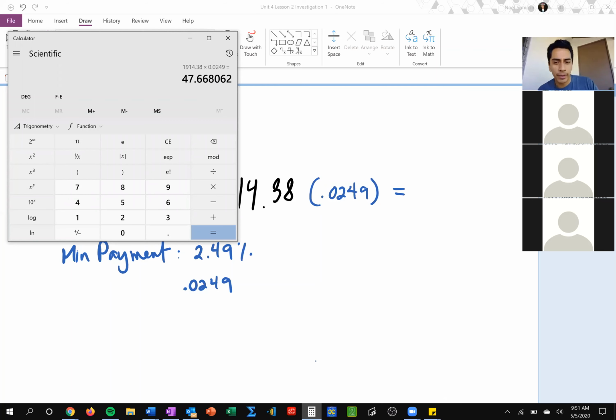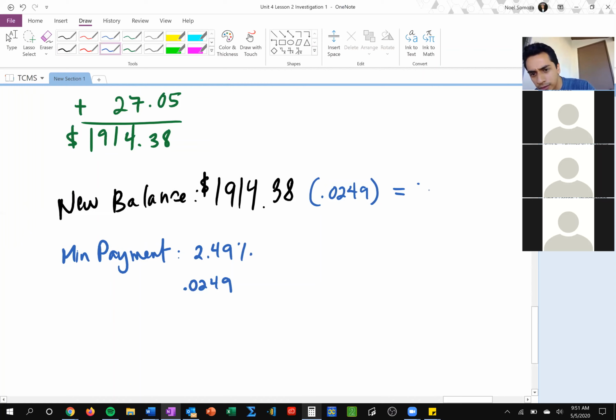Her minimum payment has dropped a little bit. Remember, it was 48 something, now it's 47.67. So this right here is now the new minimum payment that she will have to make.